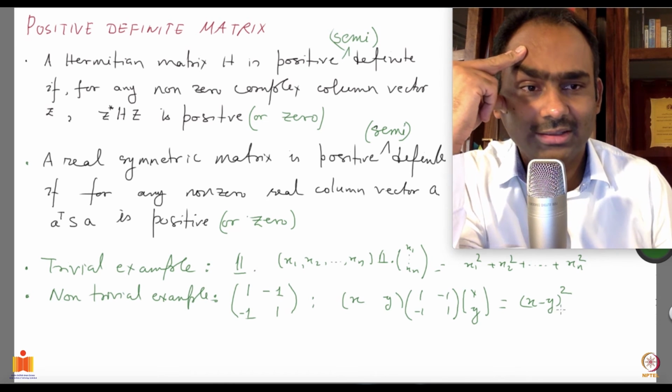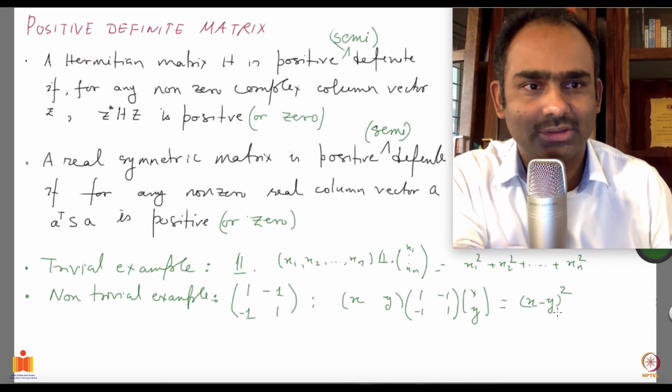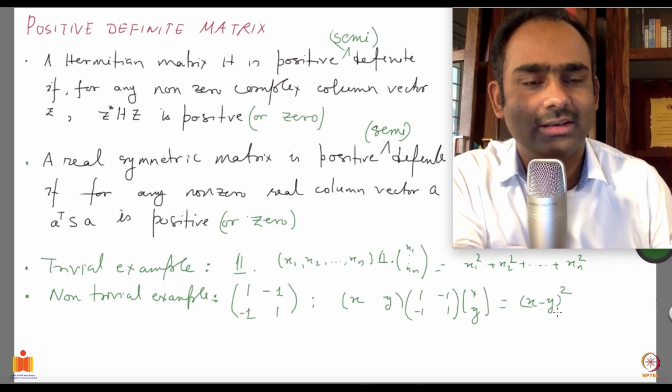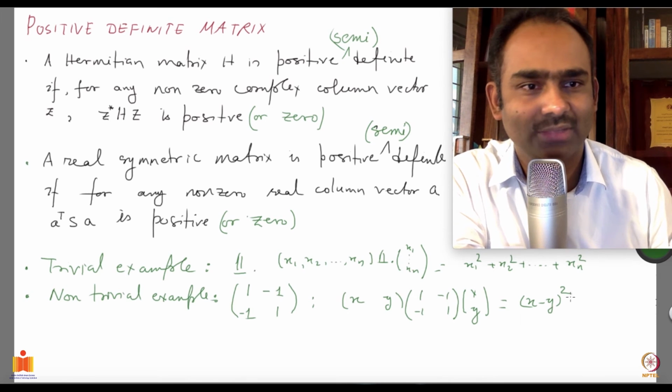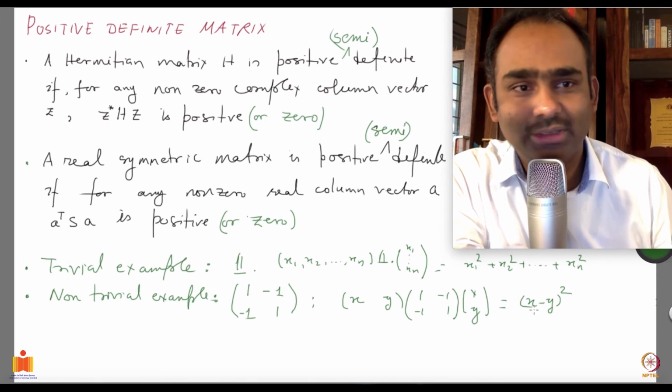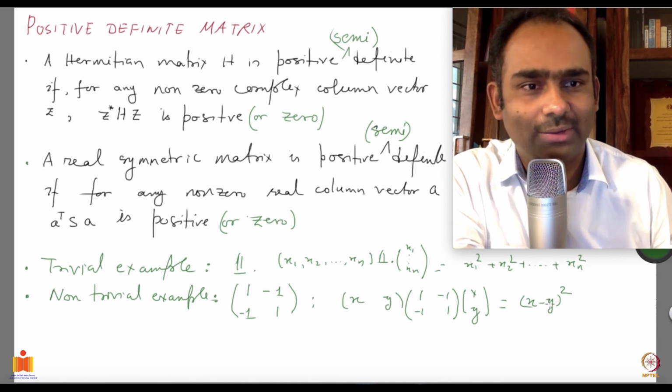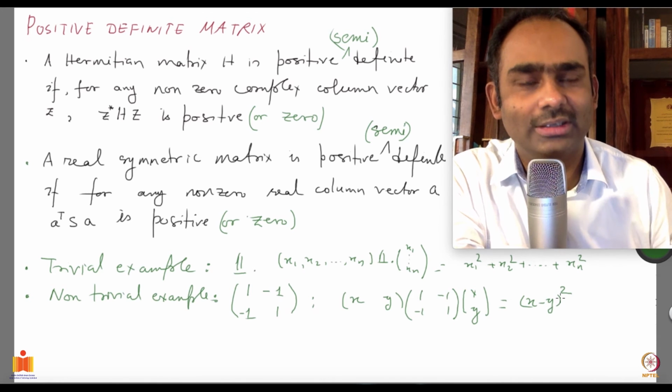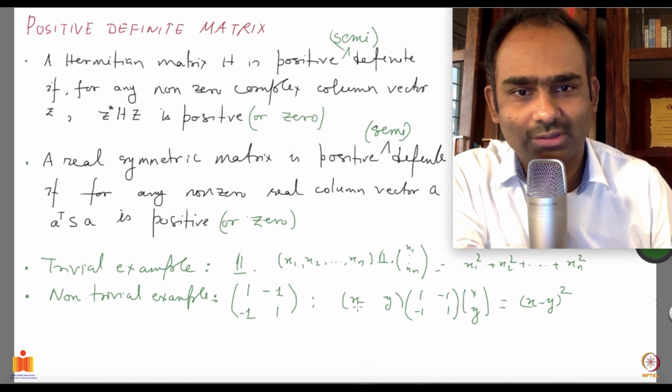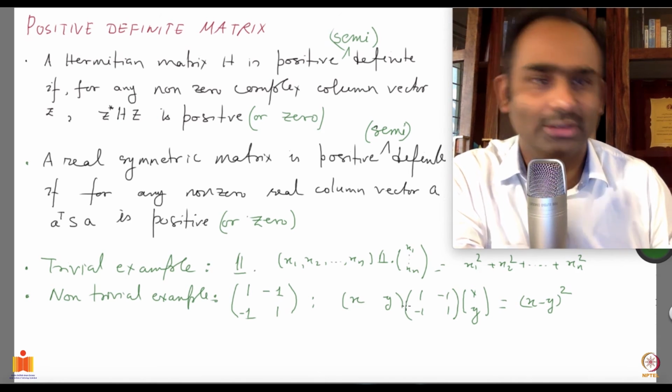So clearly, no matter what x and y you choose, you are never going to get something which is negative, because of the square here. But you can get a 0, because if x and y are the same, you get a 0. If you choose 1, 1 for the vector, you get a 0.